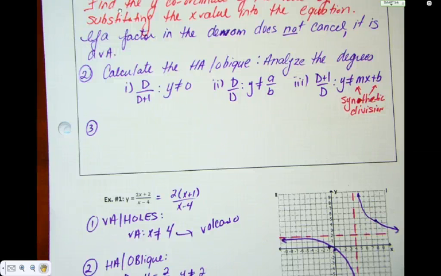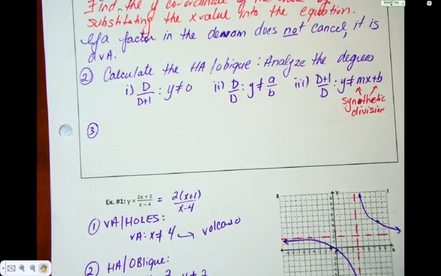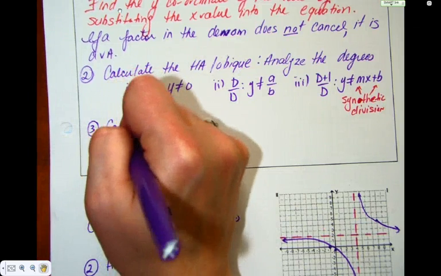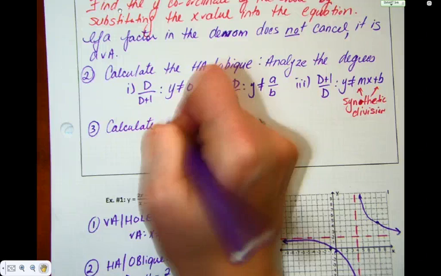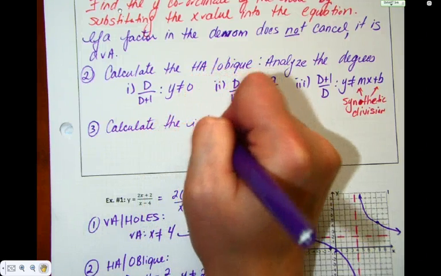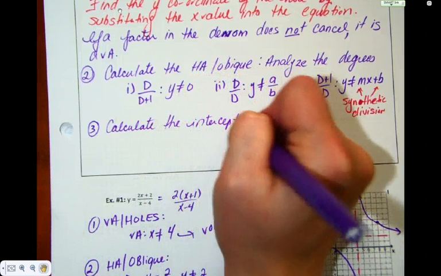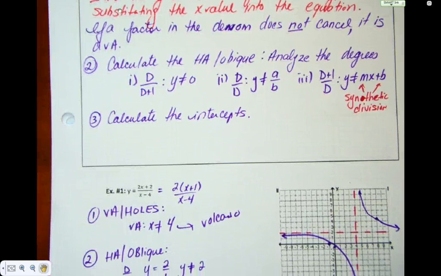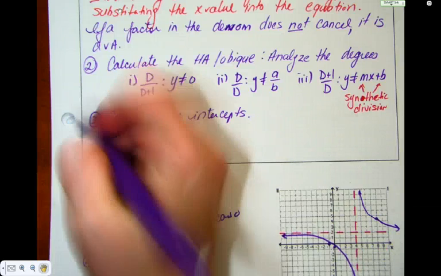Step 3. Calculate the intercepts. I'm not going to write down how to do that because we've been doing that since grade 10. If you need the note, then write the note. So set x equal to 0, solve for y. Set y equal to 0, solve for x.